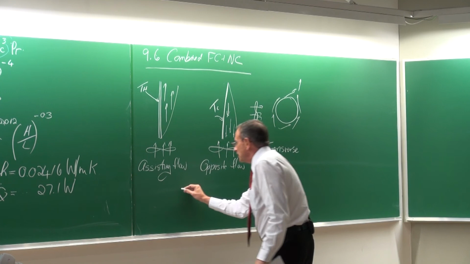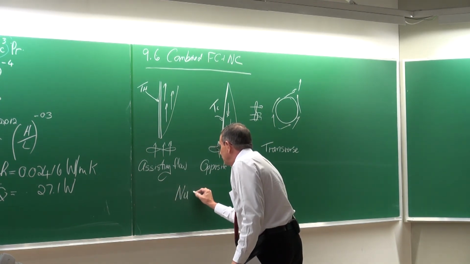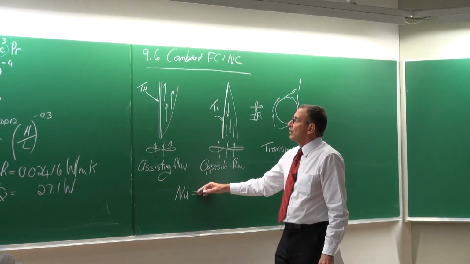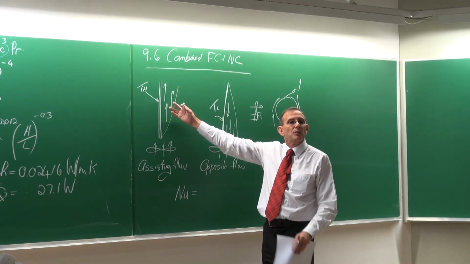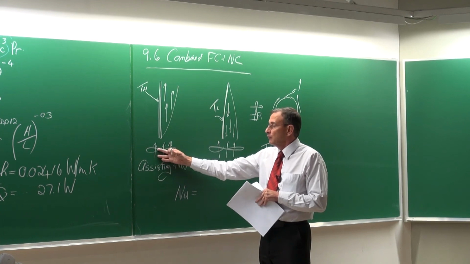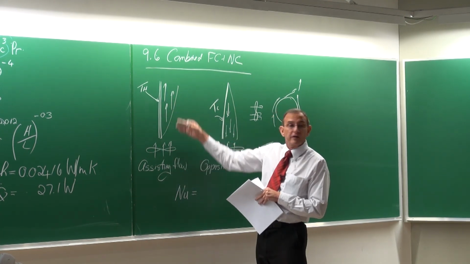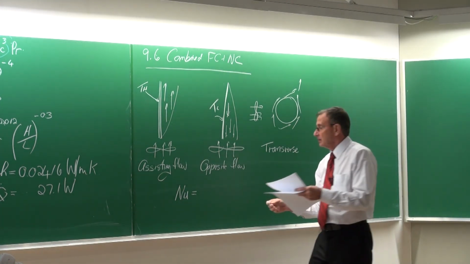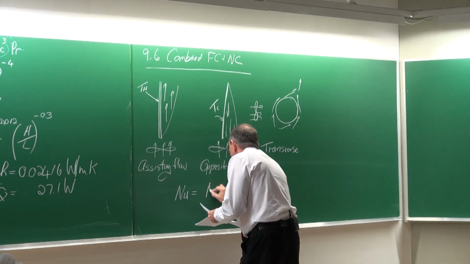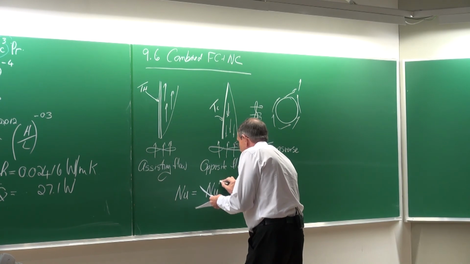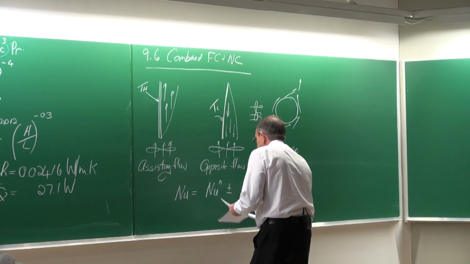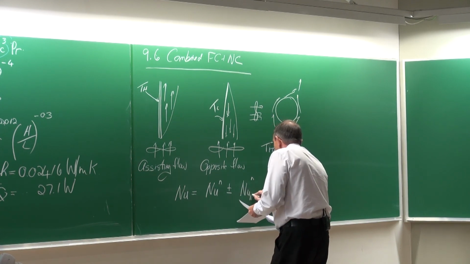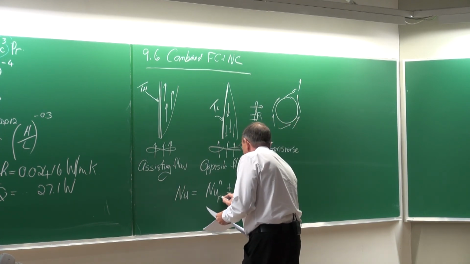Well, it is actually very simple. We do it by calculating the effective Nusselt number by considering the heat transfer from the forced convection only, so it is just flow over a flat plate, and then we add it to that of the natural convection. And typically we do it with an equation like this. It's Nusselt number to the n plus or minus Nusselt number to the n, and this is natural convection and that is forced convection.